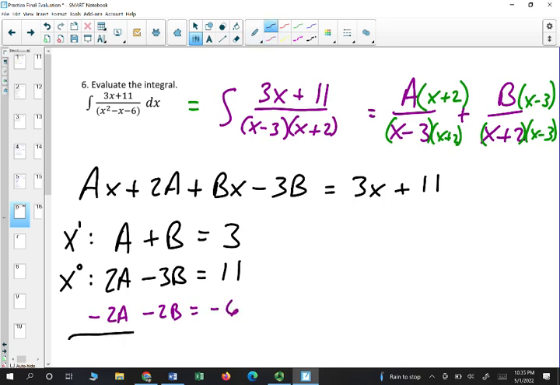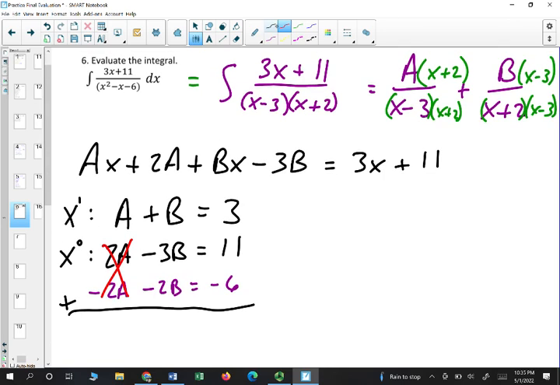And then I can add them. 2A minus 2A, that will cancel, there's our elimination. Then we would have negative 3B plus negative 2B is negative 5B. And 11 plus negative 6, 11 minus 6 is 5.